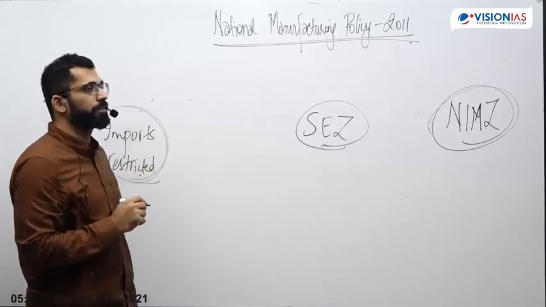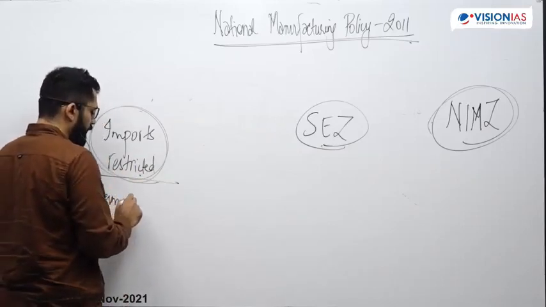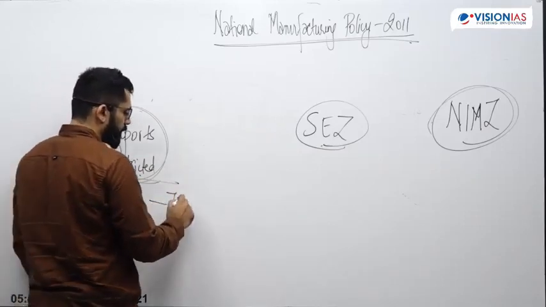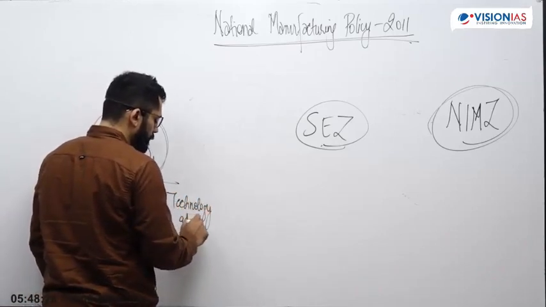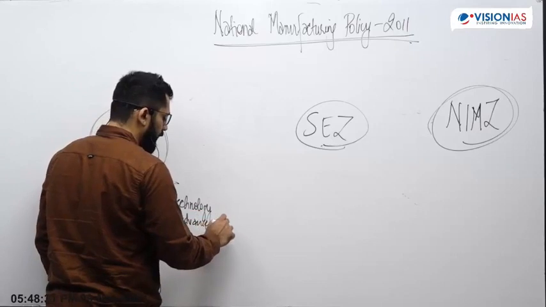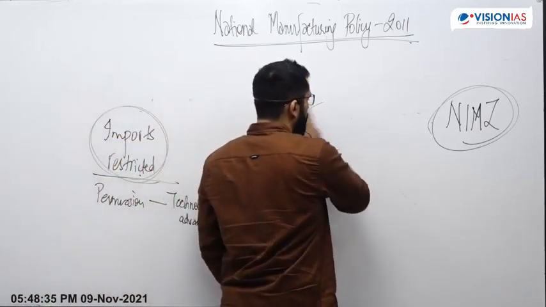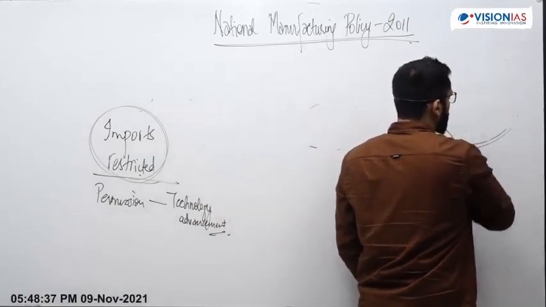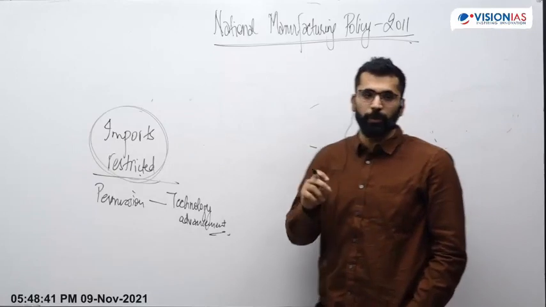Permission was only given when you were doing certain technology advancement. If you are developing something in R&D, only then would some imports be allowed. Imports were very restricted. See, the point is the government was doing heavy industrialization, so the basic capital and intermediate goods it needed, the government was importing.